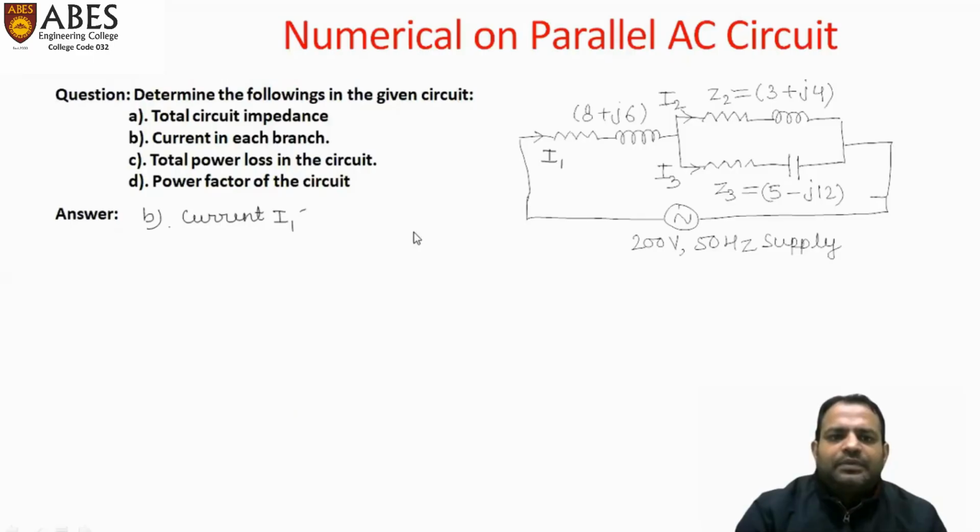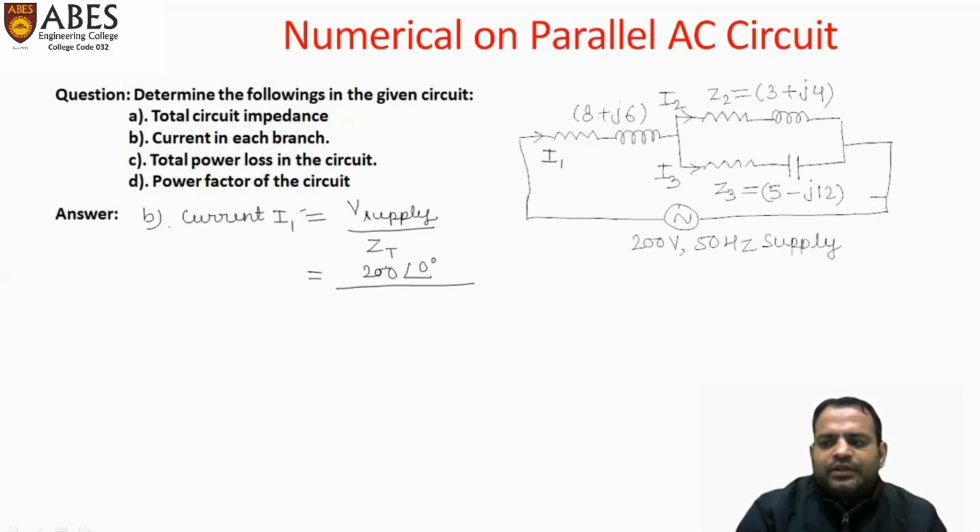Now we are calculating the B part, current in each branch. So first of all, we are calculating the I1. I1 is V supply upon total impedance. V supply is 200 angle 0 degree upon Z total.